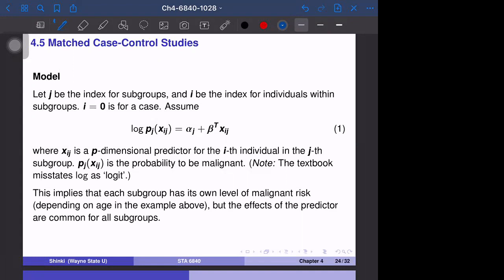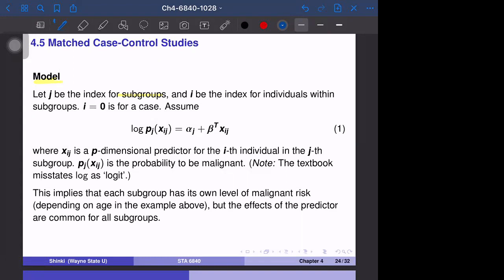Okay, so now the model. We have subgroups, so we have 2 indices. Let j be the index for the subgroups. In the previous example, j is equal to 20 years old to 80 years old, so we have 61 groups, and j is 1 to 61.